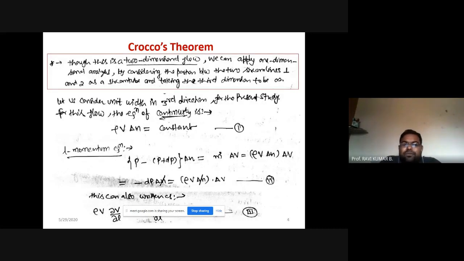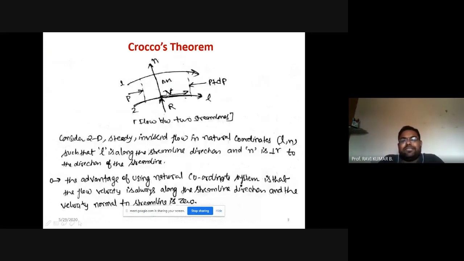We can now apply the continuity equation. Let us consider unit width in the third direction, that is, thickness is unity. We have made our problem two-dimensional. So when you are applying the continuity equation, that will be density times area times velocity. We have assumed here velocity is v, which is directed along the streamline.